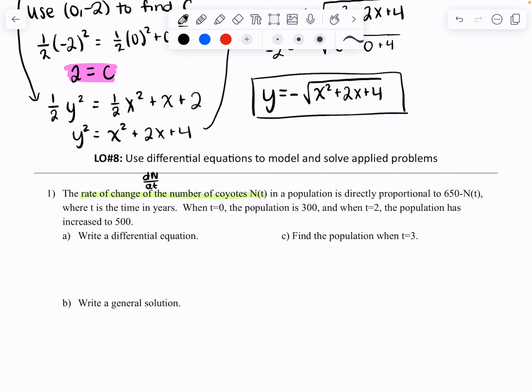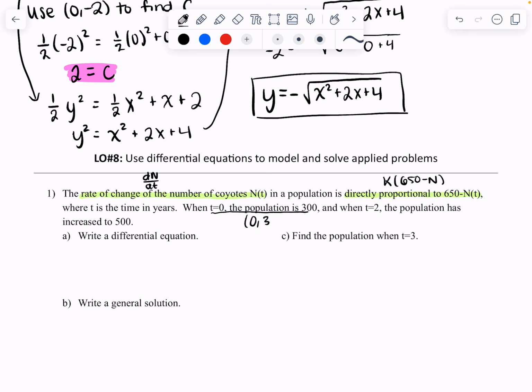You can write dN of t, but it's fine to just write dN. Is directly proportional to 650 minus N of t. So that's where we do the k times 650 minus, and again, I'm just going to write N. That's totally fine. Then we're also told when t is 0, the population is 300.